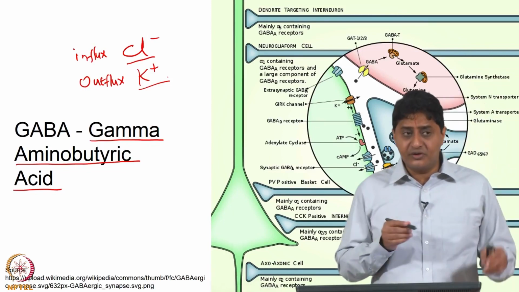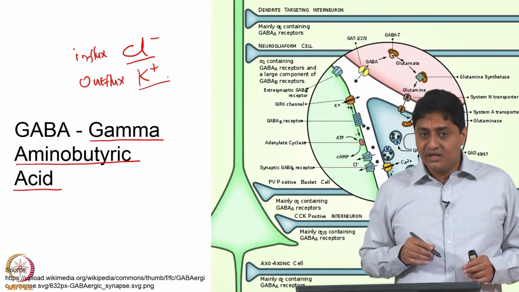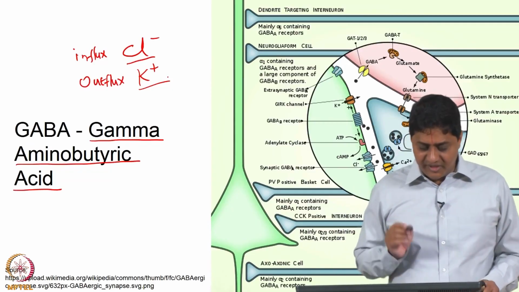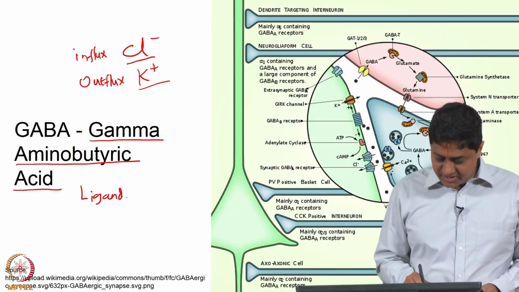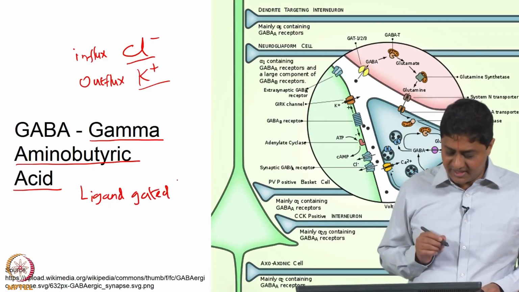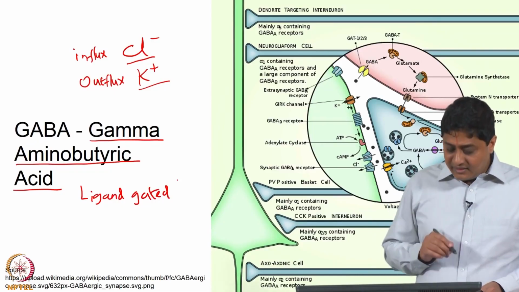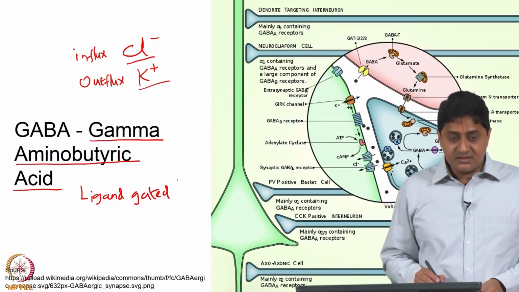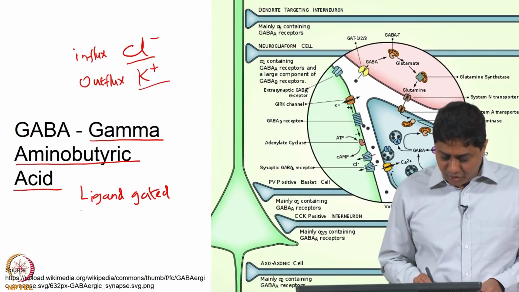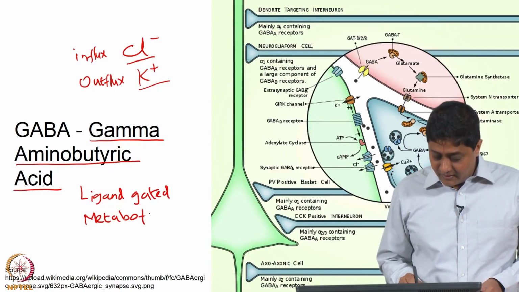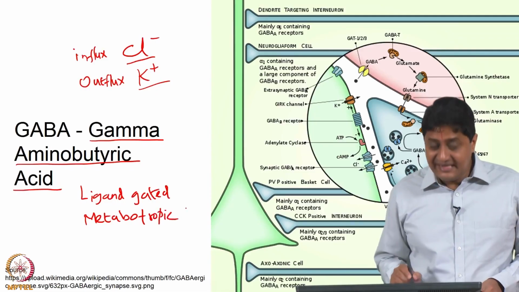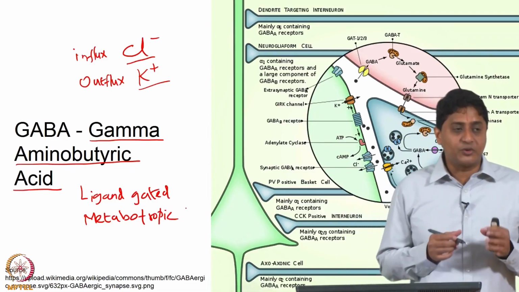And how is this receptor functioning? Earlier we said nicotinic cholinergic receptors in the case of acetylcholine. Here there are two methods. One is the ligand gated GABA channel, similar to the nicotinic cholinergic receptor, which is also a ligand gated channel. The other one involves the metabotropic receptors, what are called mediators, those that involve G protein.